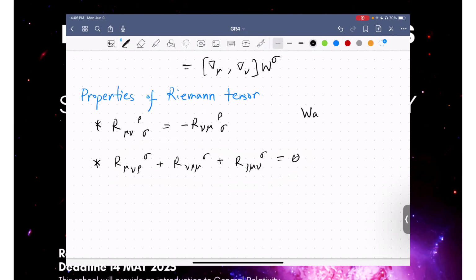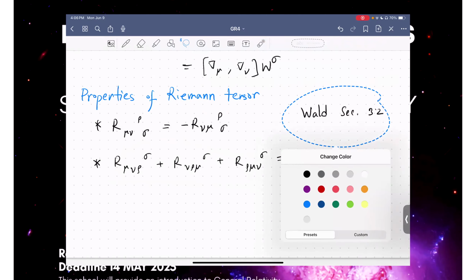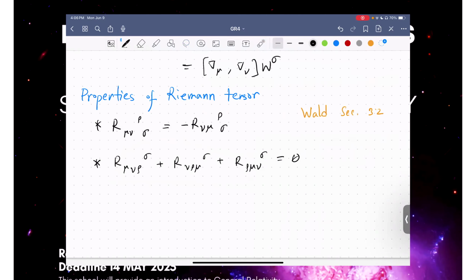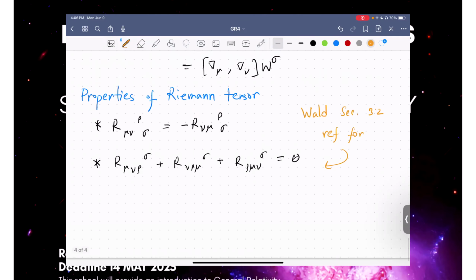So in particular, you can look at Wald, section 3.2. Yeah, so this is the reference for these identities that I'm writing down. But again, you will find them in any textbook. It's just this book is open on my computer right now.